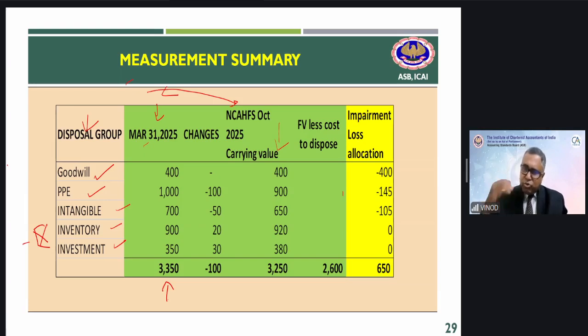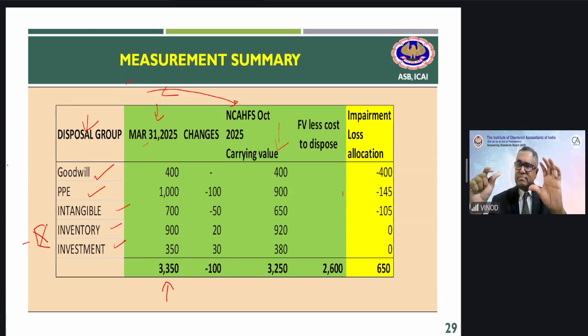Now, assume after 1 quarter, the war is over, the fair value now becomes very high. I have 1,000 rupees gain. So currently 650 rupees of impairment loss is there in P&L. Now I have 1,000 rupee gain. So what the standard says, to the extent of losses which was already debited to P&L, that much I can reverse.